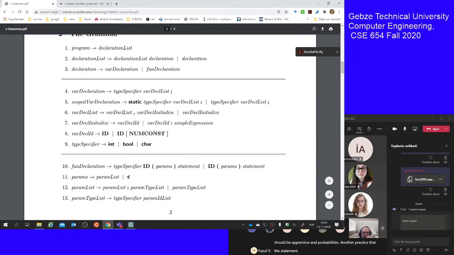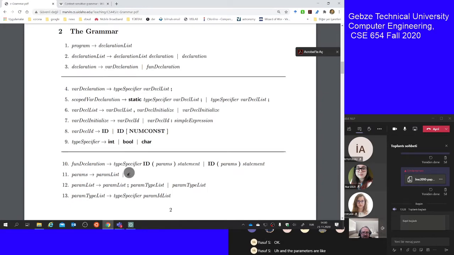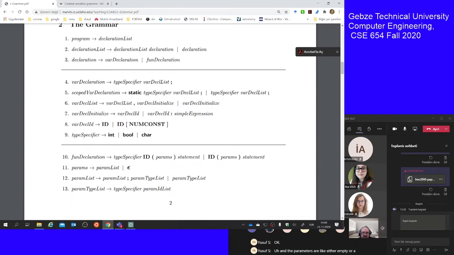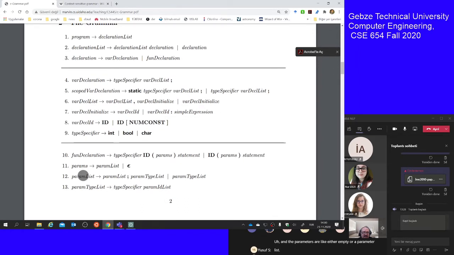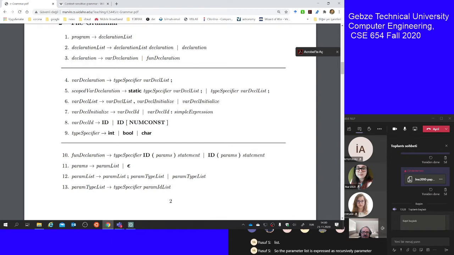The parameters are either empty or a parameter list. The parameter list is expressed recursively: parameter list and param type list. So as you see, it is recursive. When I say it is recursive, I can use the same rule over and over again.